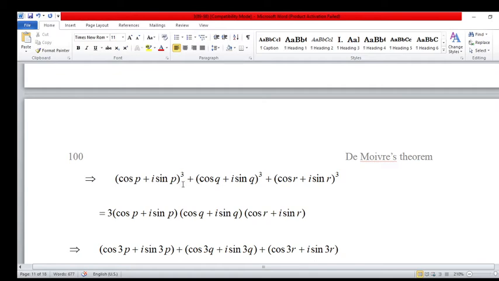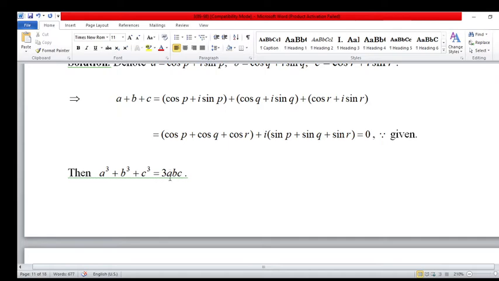This is a cubed, b cubed, c cubed is equal to thrice abc. Substitute the value of abc.